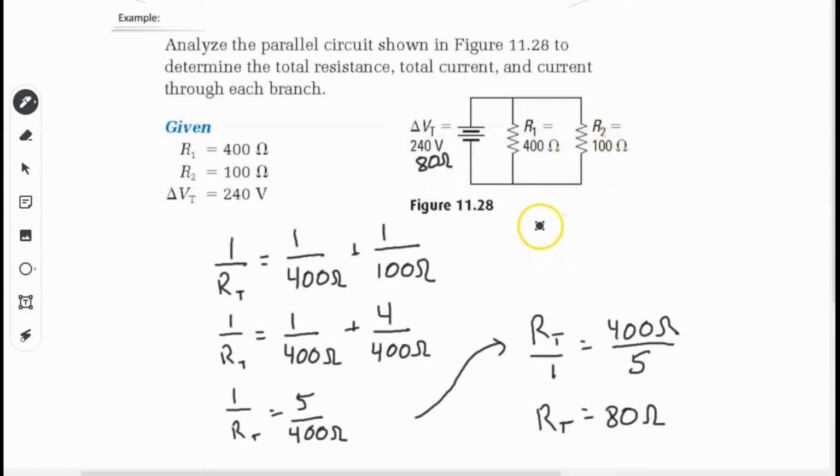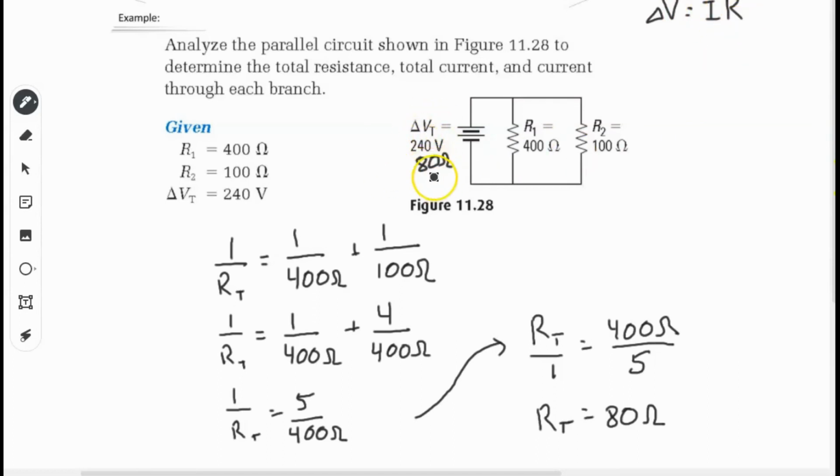All right, next step of the puzzle. Since we have two pieces of information here, we can use Ohm's law to solve for the third. Remember, Ohm's law is delta V equals IR.